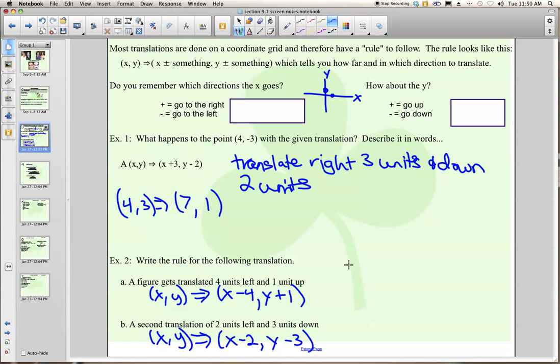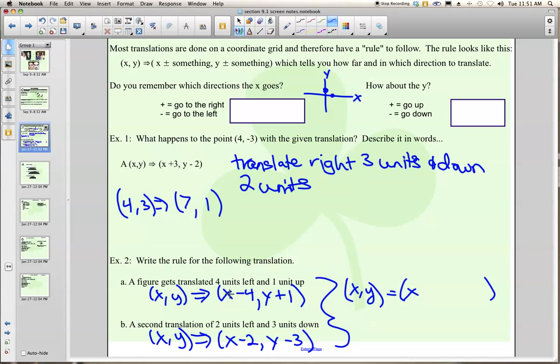Now, to bring back the vocab, this was a translation, and this was a second translation. So if I were to put these together, it would be called a composition. And since they are both translations, you can combine them into one rule that would represent both combinations.